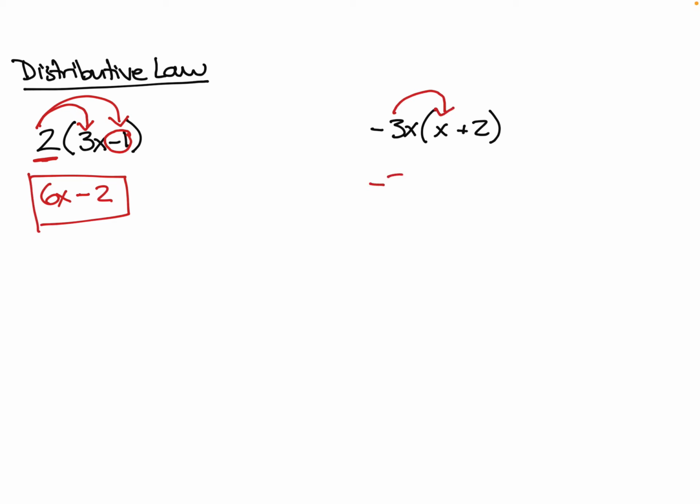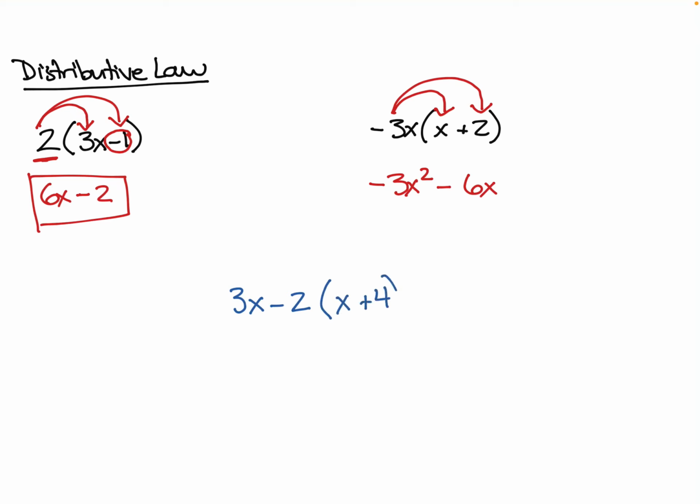Let's do something like 3x minus 2 and then multiply by x plus 4. Lots of times students want to try to do something with this subtraction before they do something with this multiplication. Order of operations tells us that the multiplication has to happen before the subtraction. So don't let a question like this trip you up a little bit.